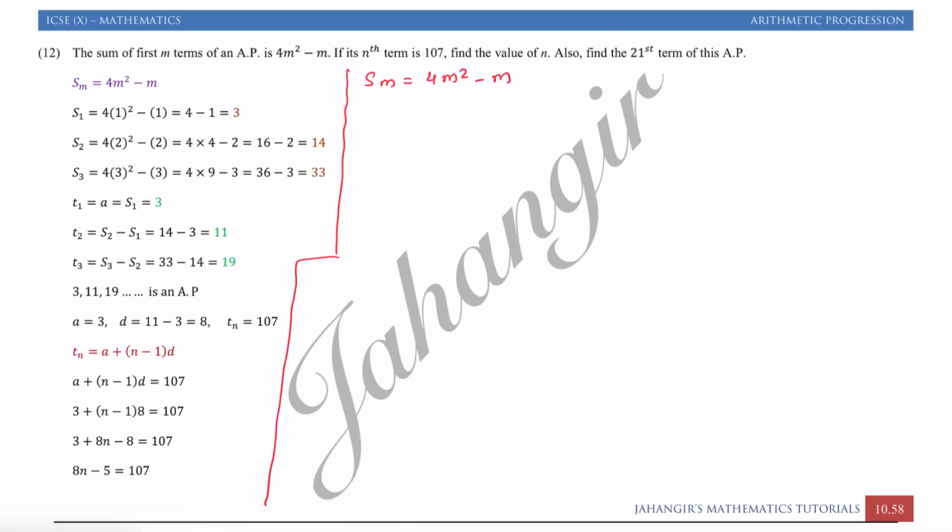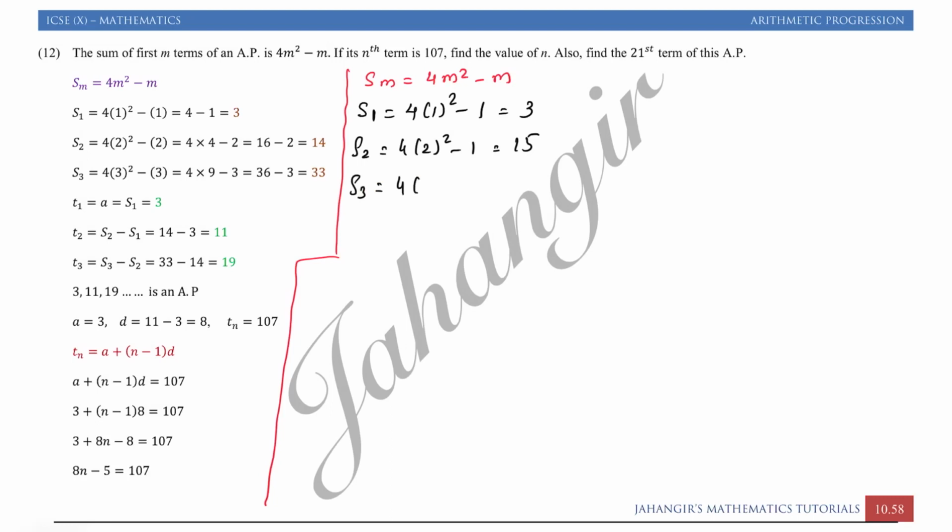So I can write S1, in place of m I am putting 1. So 4 into 1 square minus 1, that is equal to 3. S2 is equal to 4 into 2 square minus 2, 2 square is 4, 16, 16 minus 2 is 14.